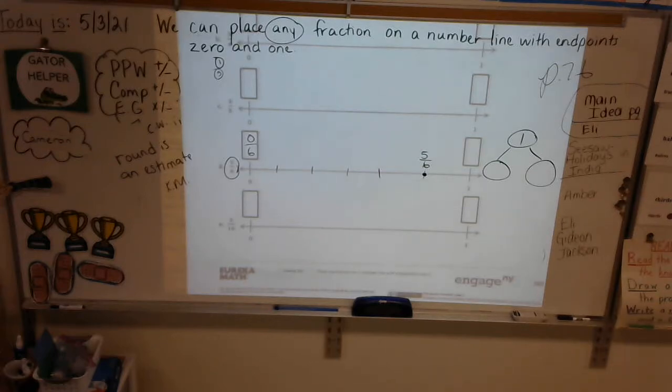We need 2 lines. So probably about here. Don't make it off of one. We'll go here and here and go down side. They got it.